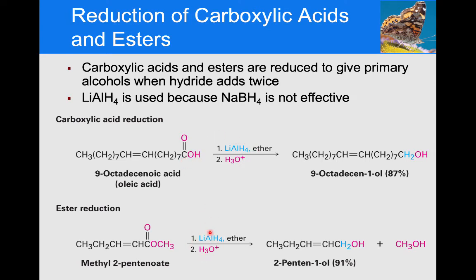And when you see LAH, whatever carbonyl carbon you're adding to is going to have an OH attached to it, and then as many hydrogens as you can attach to it while not breaking the carbon-carbon bond. I hope that made sense. I'm trying to get you to recognize when you're supposed to be doing these reduction reactions.